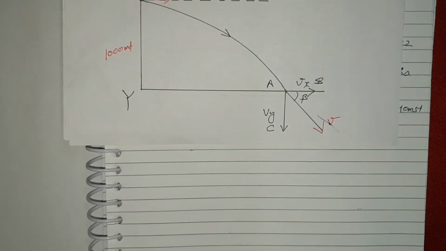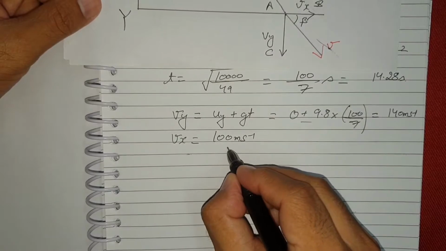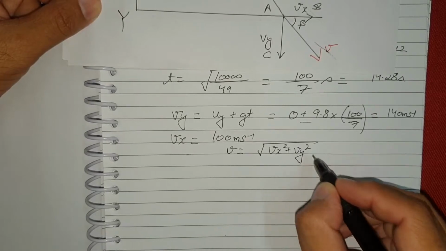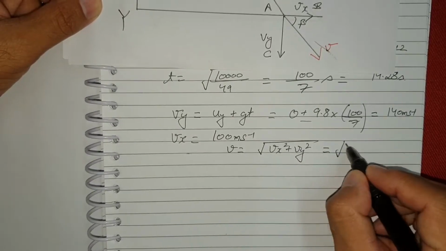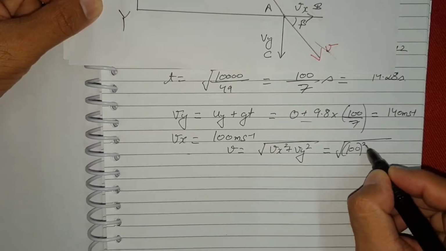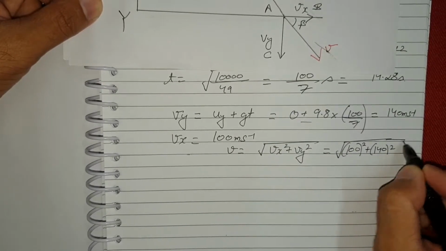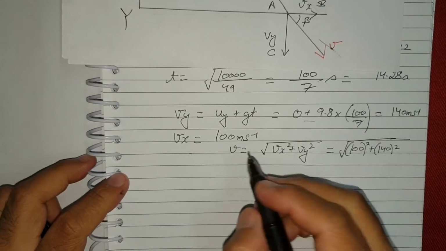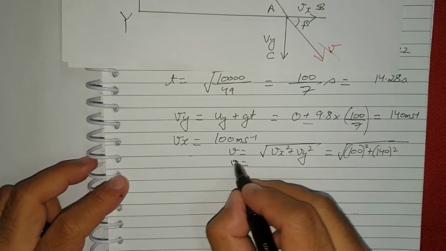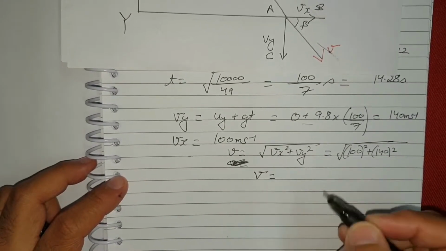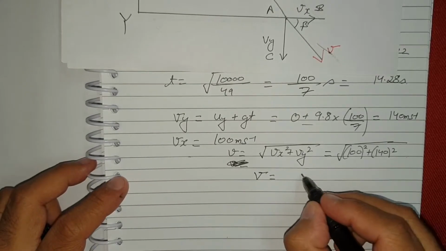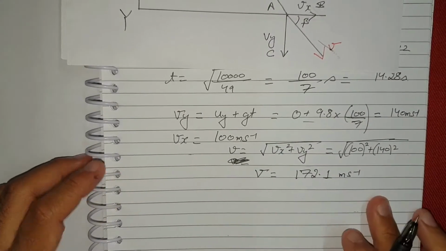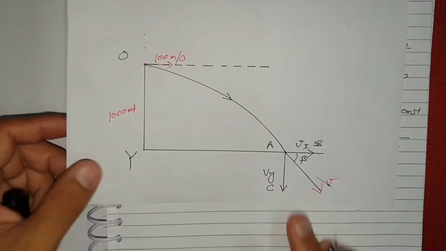So V is equal to the square root of Vx square plus Vy square, which is 100 square plus 140 square. Now you solve this, and V is 172.1 meter per second. This is the V with which it hits the ground.